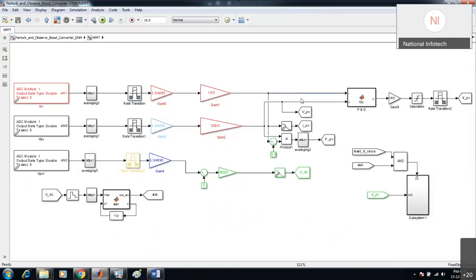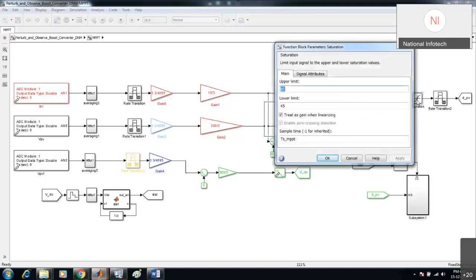Then after this current and voltage, we are giving it to the duty. The duty we will be getting out from this PNO algorithm, and this block gives the duty in the range of 0 to 1, that's why we are multiplying it by 100.